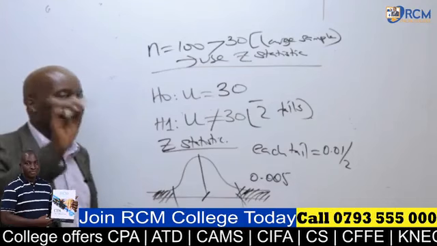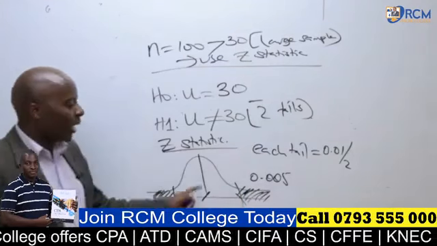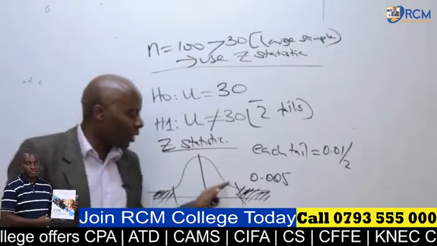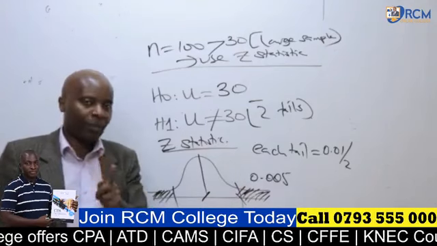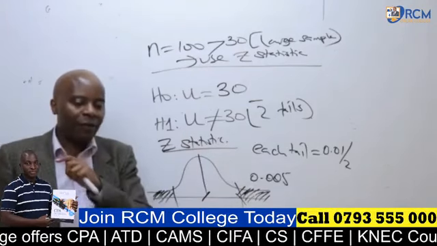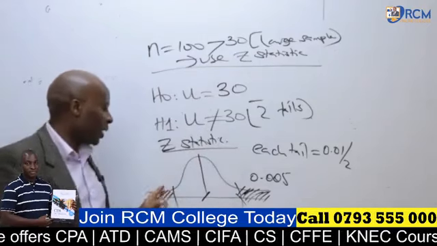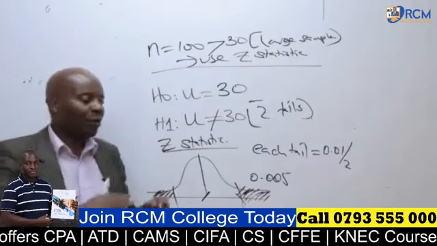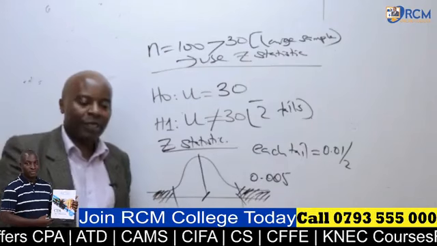Once I have this, I'll be able to rush to my area, because of the table that the examiner gives us, which is normally shaded from here to here. So how do I get this unshaded area on one side? I know for sure that the two areas must always add up to 0.5. Because a PDF is a probability density function, and it has 100% area, which is 1.